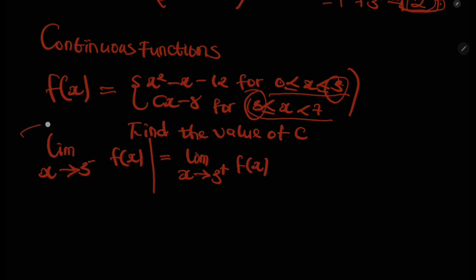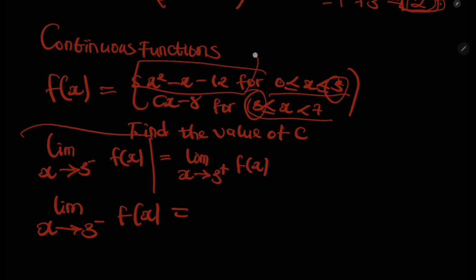So we take each case. Let's take the limit as x tends to 3 from the minus side of f of x. So this is going to be the first equation. Why? Because here x is less than 3. x is going below 3, so it's going to be x tends to 3 minus. So let's substitute 3 in that equation.